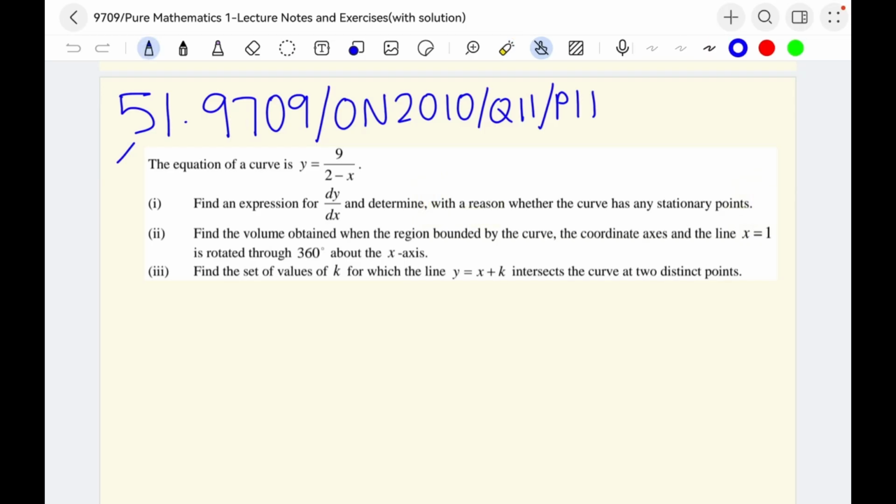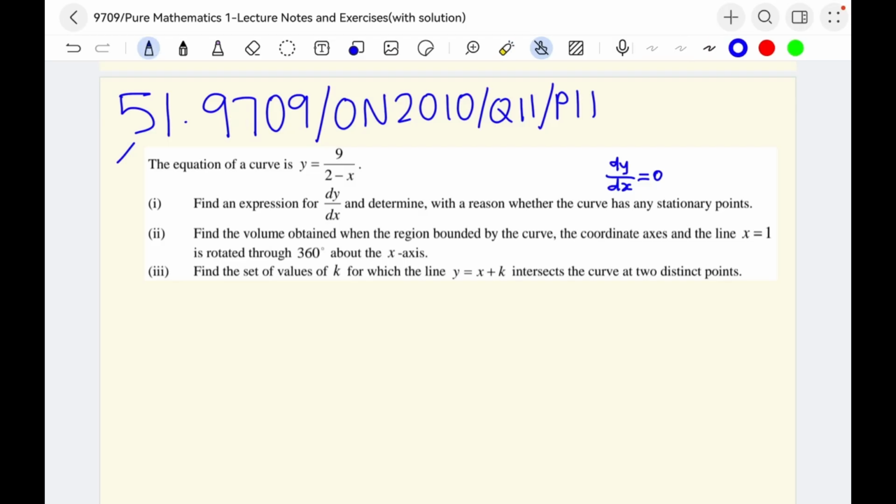So, when it comes to stationary points, we must know that dy/dx will be equated to 0. Okay? So that means you have to determine whether this equation is defined or not, or has a solution or not.